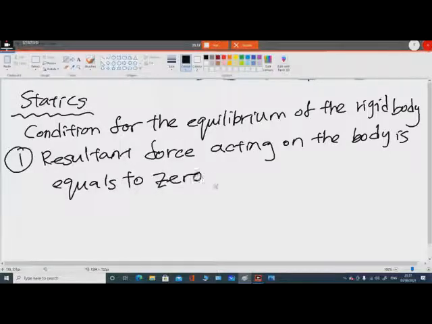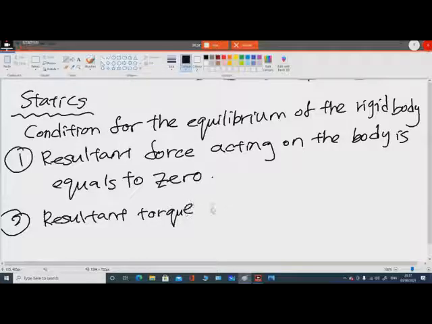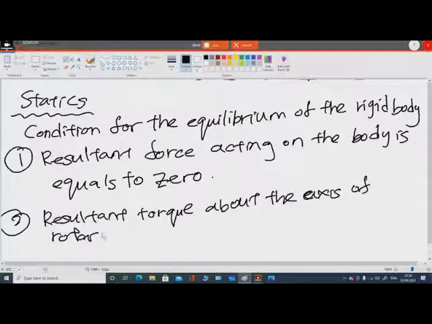As for the second conclusion, the resultant torque about the axis of rotation is equal to 0.